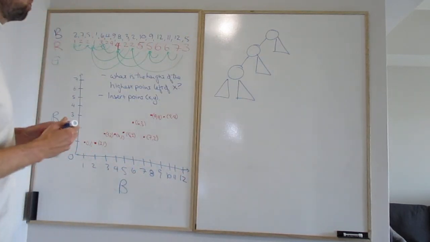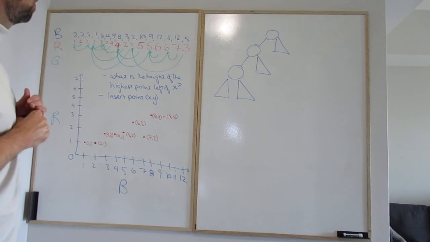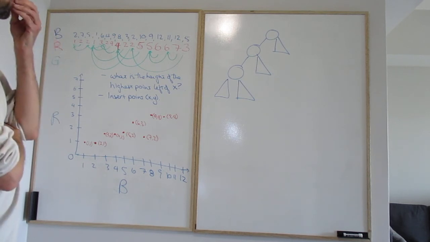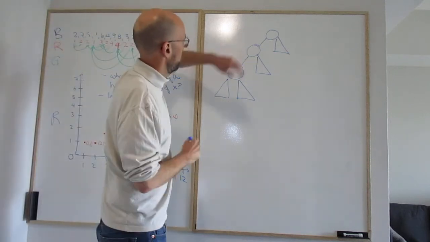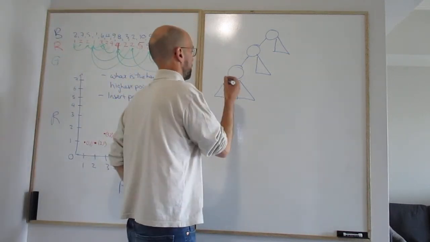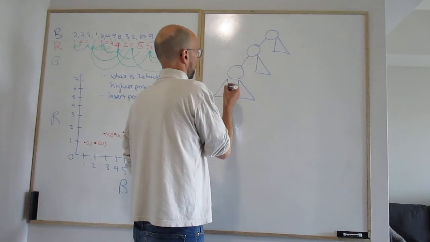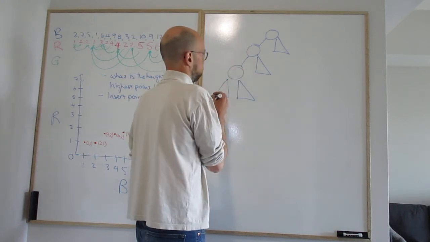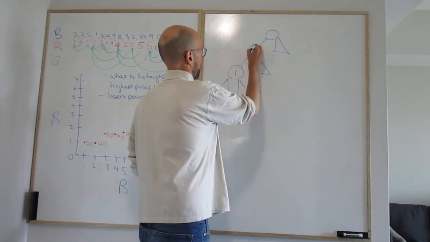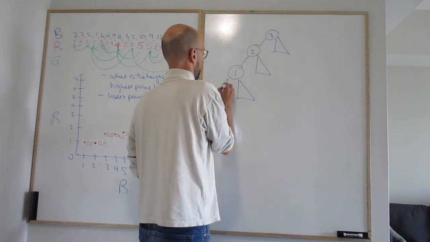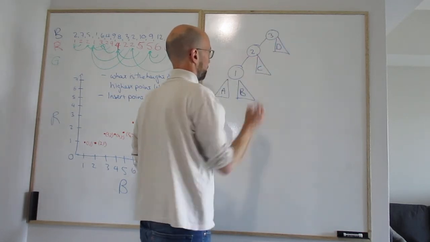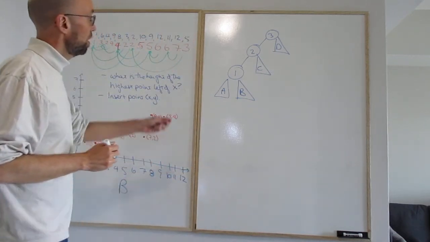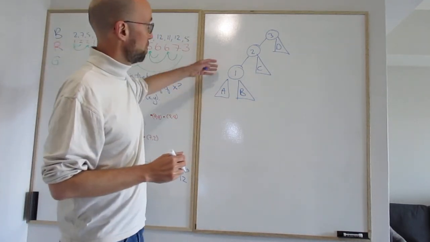So let's suppose we have this case where we have nodes 1, 2, 3, trees A, B, C, D, and this is too deep.